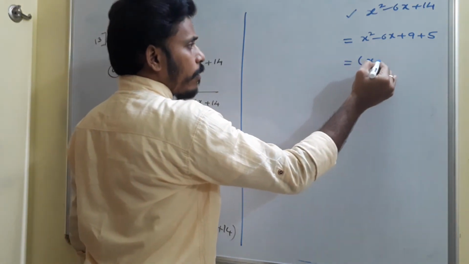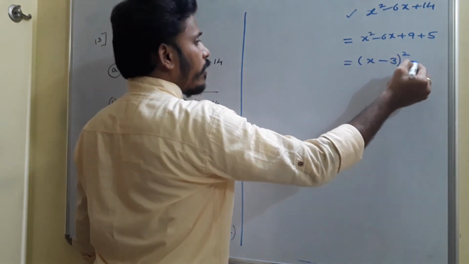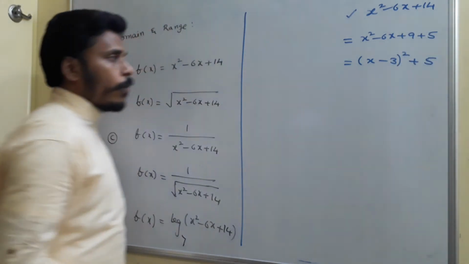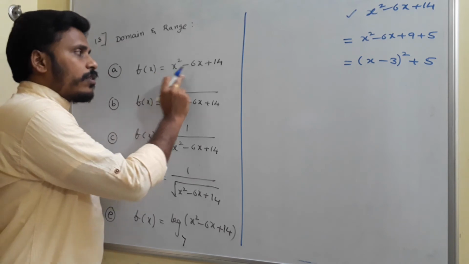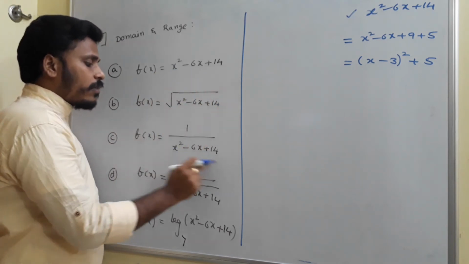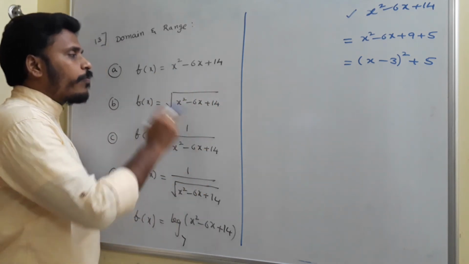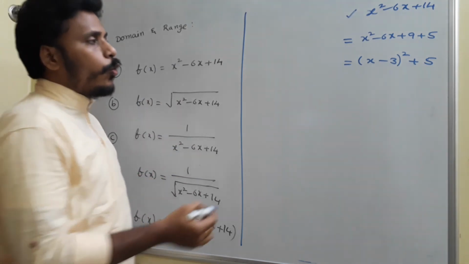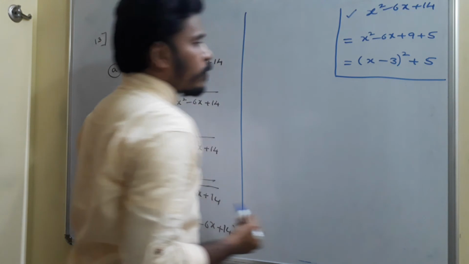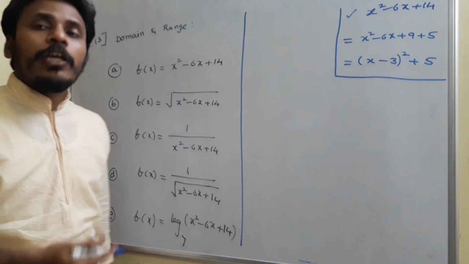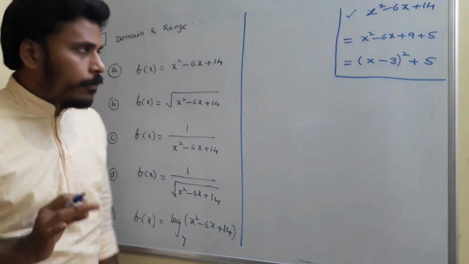Because x square minus 6x plus 9 is simply x minus 3 whole square, plus 5. So just think about it. x square minus 6x plus 14 is involved everywhere, and everywhere now you are allowed to rewrite it as x minus 3 whole square plus 5 if you need. If you need, you can rewrite, right?